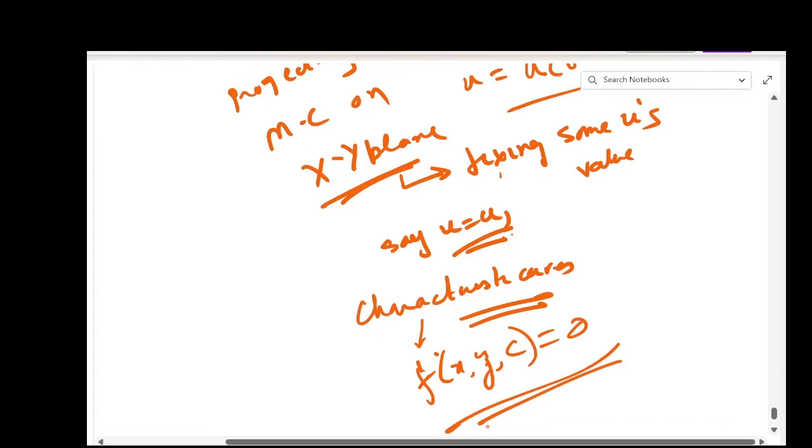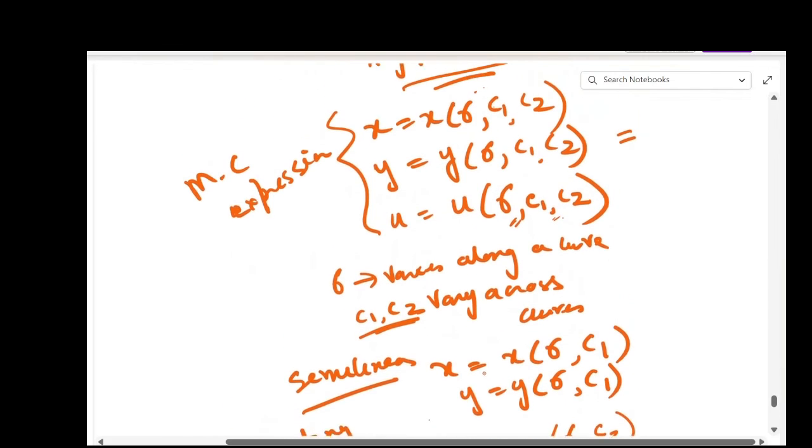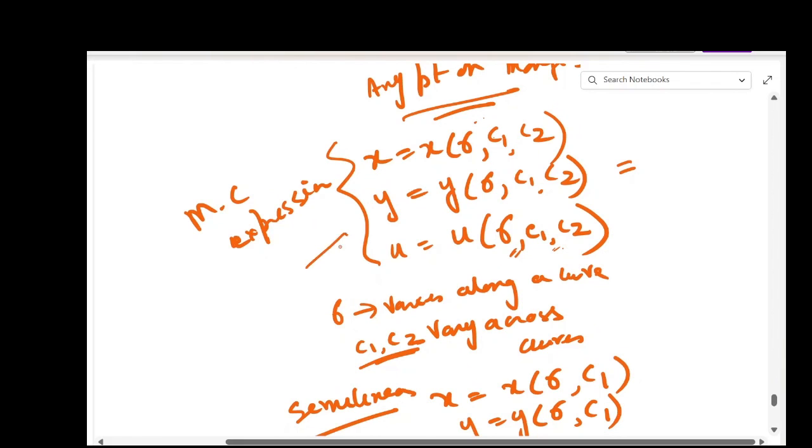There will be no u involved because you have fixed some u value, given some information about u, and depending on that information, you are refining whatever knowledge you had on this Monge's curve. So once you fix u here, this xy can be arranged as a function of sigma and c, one of the arbitrary constants. So from there I can say these are the characteristic curves, xy curves residing in the xy plane.